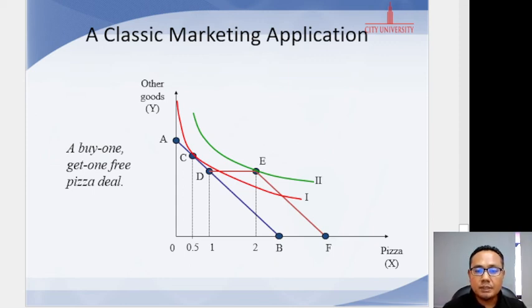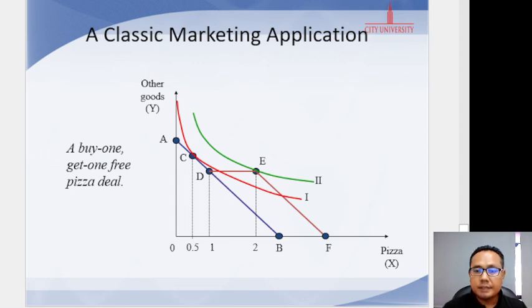So when the consumer is offered the buy one get one free deal, her budget line becomes A, D, E, and F. The budget line will bend at D to E and E to F. The reason is as follows.